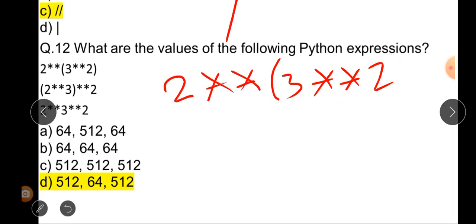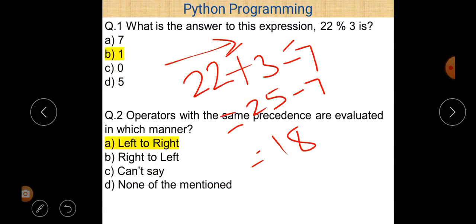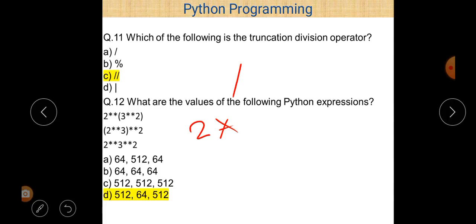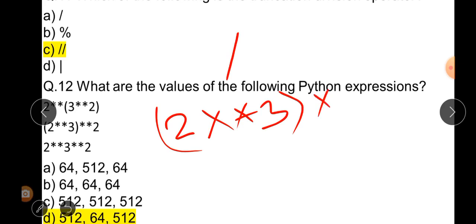Second is 2 double star 3 and then double star 2.